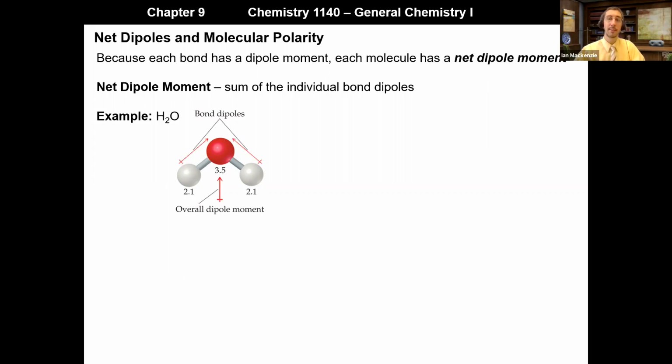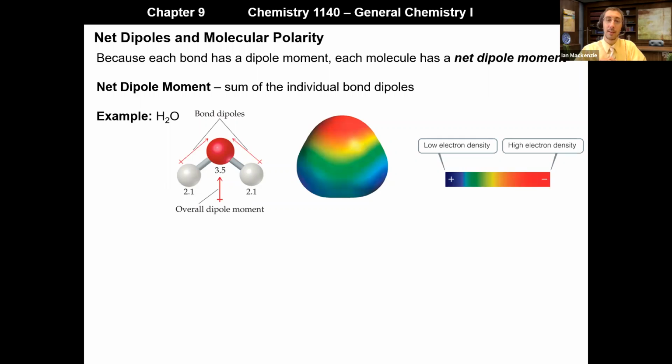So in this case, I have one pointing one way, one pointing another. They have a vertical component and a horizontal component. Their horizontal components cancel each other out because they're pointing in opposite directions, but the vertical components are both pointing in the same direction. So the net dipole is simply pointing straight up the molecule. What that results in, if we draw this in more of a map shape, is that one whole side of the molecule will have a partial negative charge, and one whole side of the molecule will have a partial positive charge.